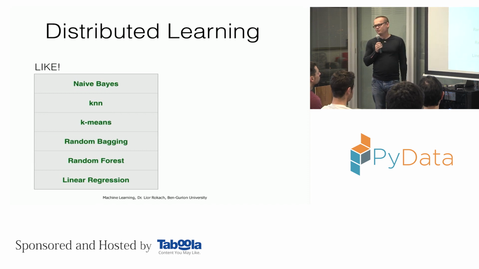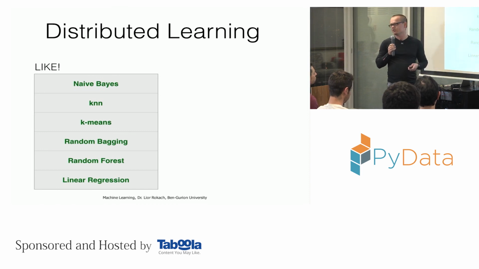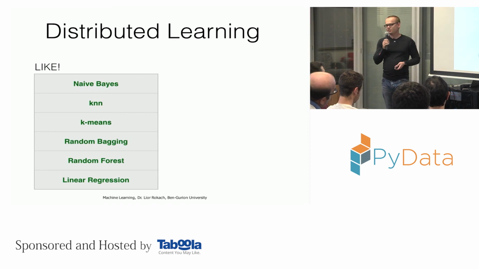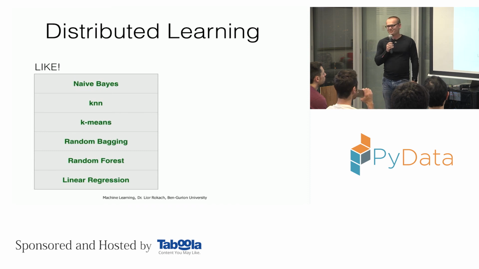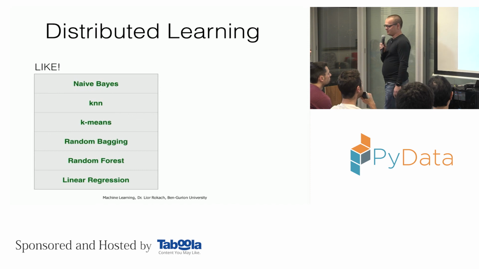Random bagging, of course, because you can split both the instances themselves and also the space of the features if you have lots of them. And each subspace will be trained in its node. Random forest, probably my favorite algorithm when I don't use an RNN. It's my personal choice to go to. I really, really love it. And of course, linear regression. This is because Spark and Hadoop can multiply matrices really, really efficiently.